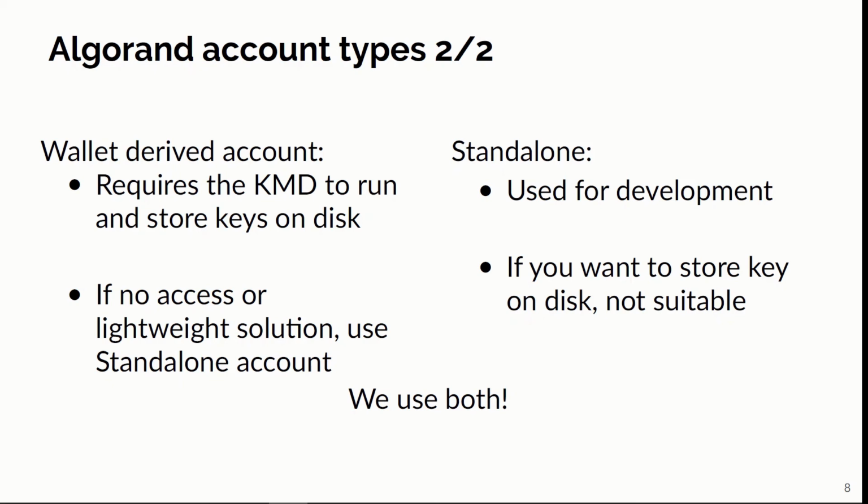In our tutorial, we'll be using both of these accounts. Our node is using the KMD type of account, the wallet account, which we generated once and know is stored securely on the disk. But in case we want to sign a new transaction in an offline manner, we will use the standalone account for that purpose.